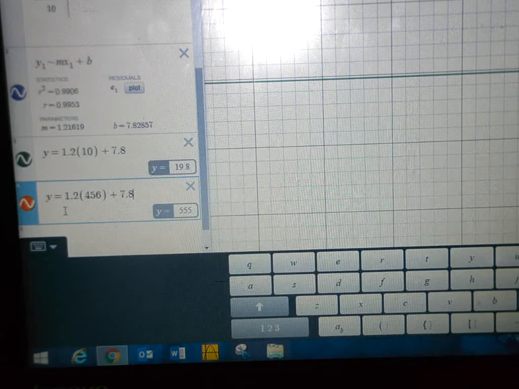Now, in case you guys didn't know, this is not correct. I do not weigh that much. We're going to talk about correlations and stuff, but this only works up until a certain time. Right now, throughout your life, you're growing at a certain rate, and then there's a time where you shouldn't grow anymore.